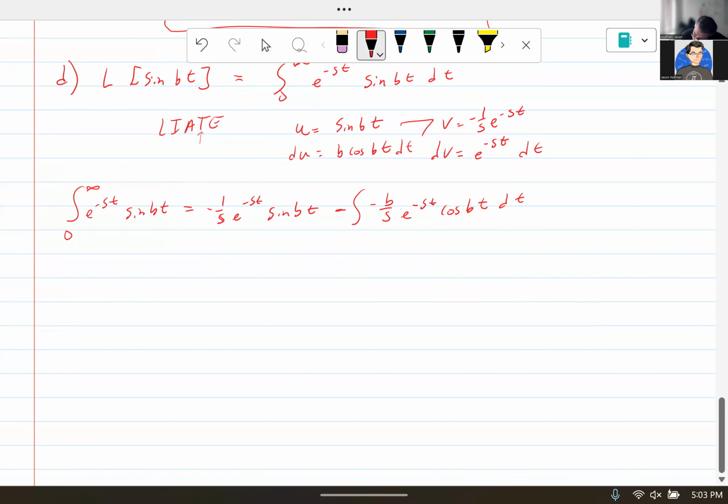So this thing is equal to, let me just reconcile this negative sign, negative 1 over s e to the negative st sine bt, plus, I'll pull that negative outside, plus the integral from 0 to infinity of 1 over s e to the negative st b cosine bt dt. I'll keep those b's together for right now.